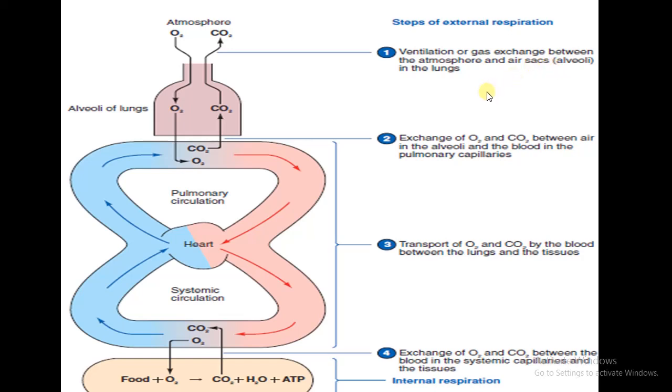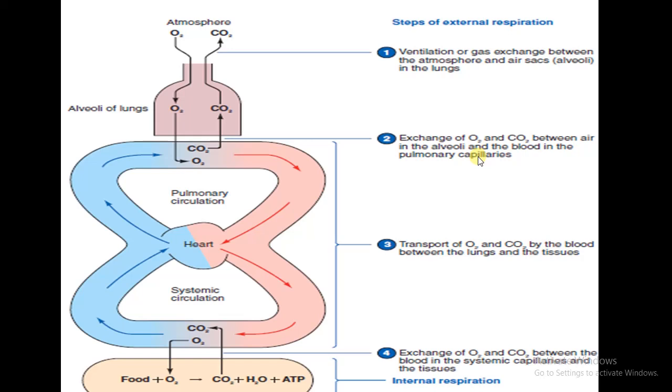The second step of external respiration is exchange of oxygen and carbon dioxide between the air in the alveoli and the blood in the pulmonary capillaries. So once oxygen is there in the lungs, it will be diffused from the lungs into the blood, and the carbon dioxide which is present in the pulmonary capillaries will diffuse from the pulmonary capillaries into the alveolar air.